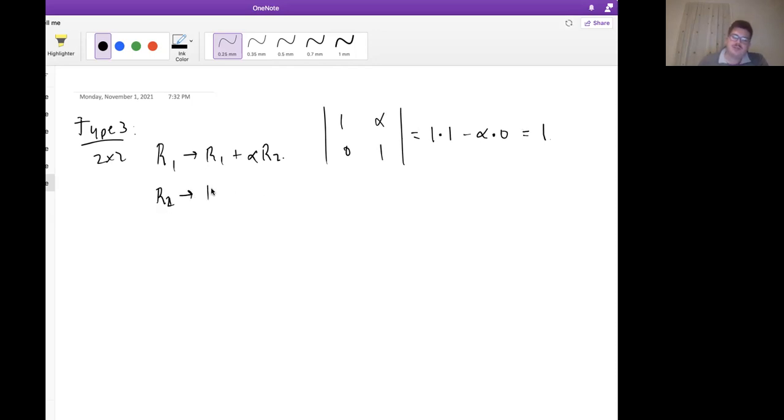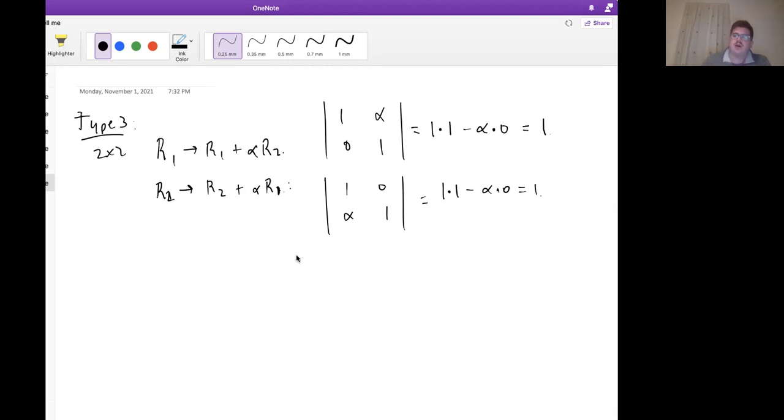Let's do the other row. What's the determinant of that 2 by 2? Also 1. That's interesting. So determinant of a type 3 is 1.